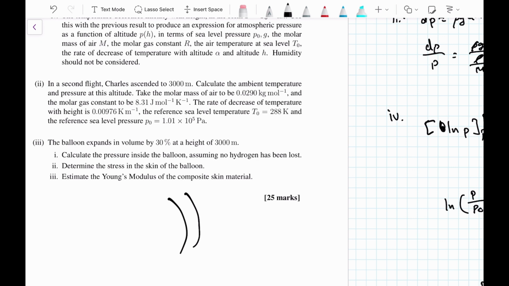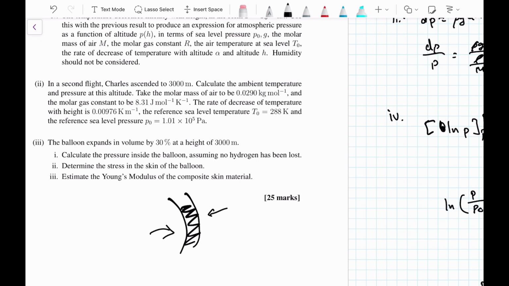We have pressure from the outside, and then we have pressure from the inside that essentially balances out with each other. And then we want to calculate the stress within this skin of the balloon. Now, do we add two pressures together or just one of them? Well, I suppose in this case, let's think about normal forces.